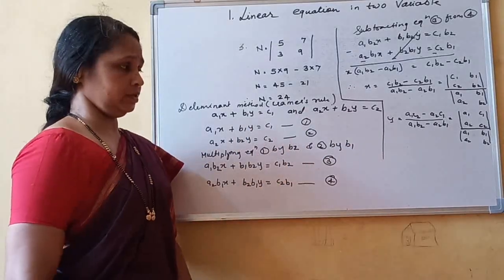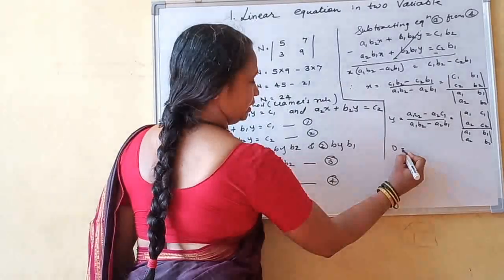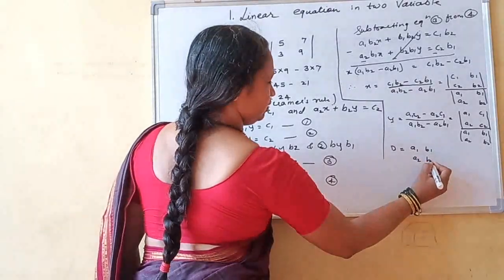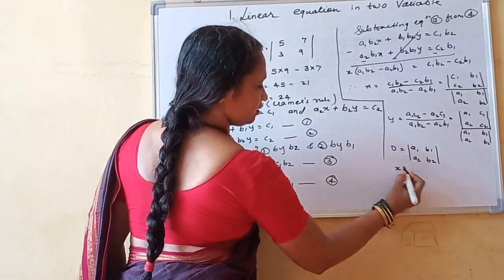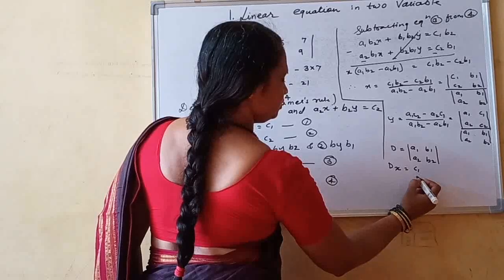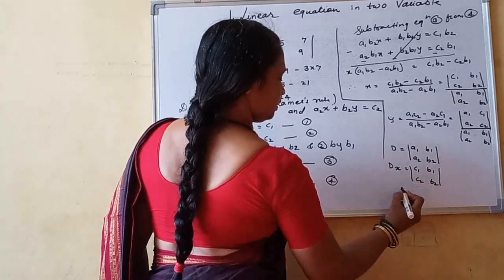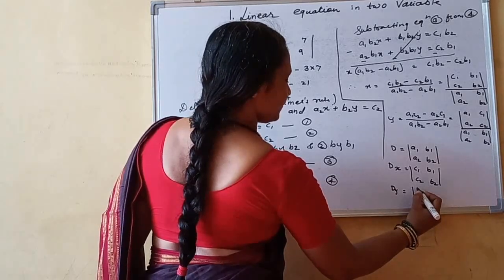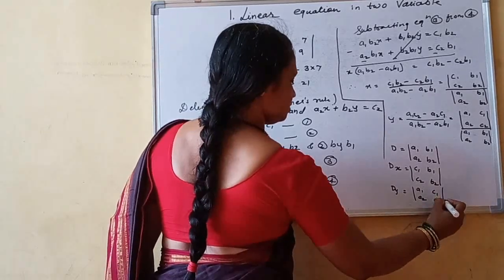So to remember Cramer's rule easily: D will be equal to the determinant of A1 A2 B1 B2, Dx will be equal to the determinant of C1 C2 B1 B2, and Dy will be equal to the determinant of A1 A2 C1 C2.